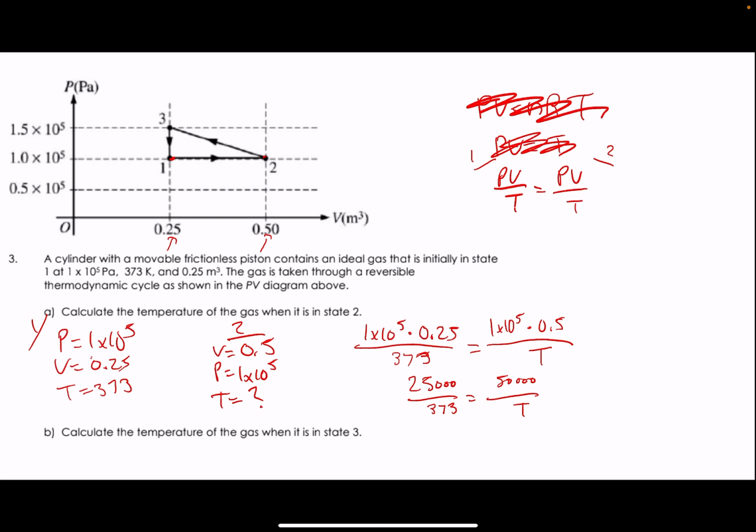And look, this is just a cross multiplication problem. If you don't remember how to do that, do your bat and ball: multiply 50,000 times 373, and then divide by 25,000, which is essentially just 373 times 2. And we get our temperature is equal to 746 Kelvin.